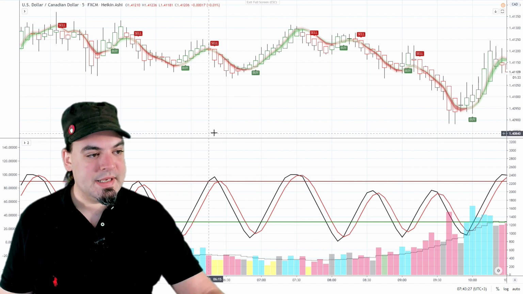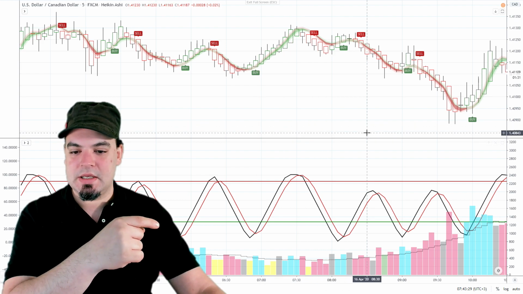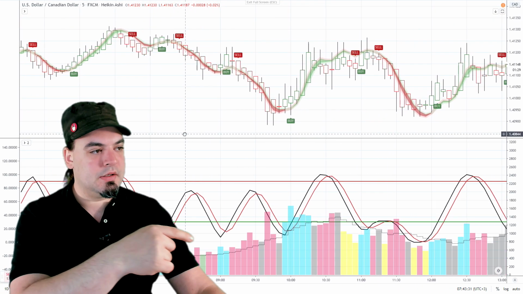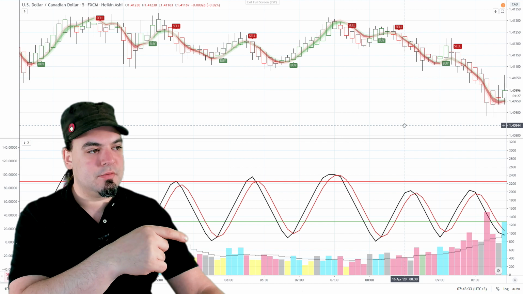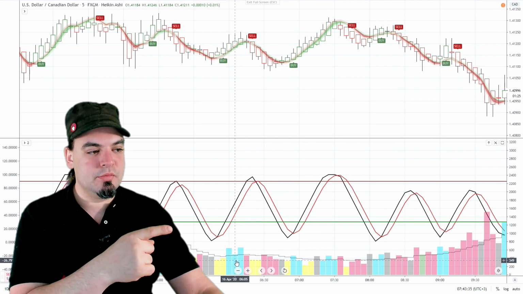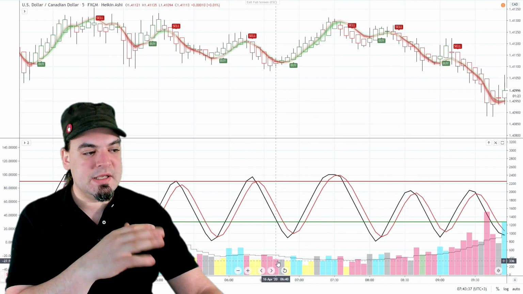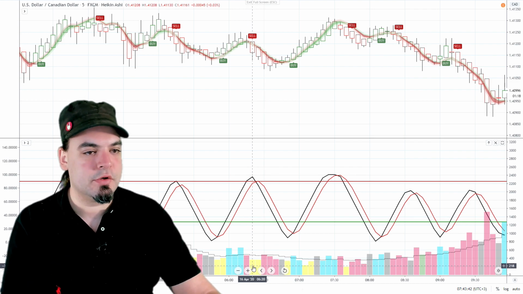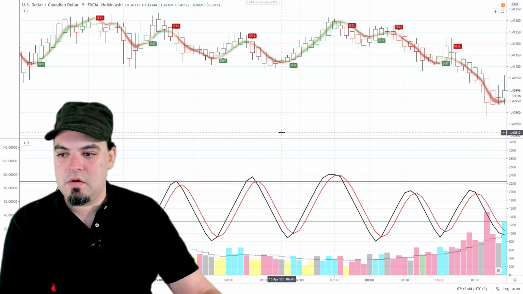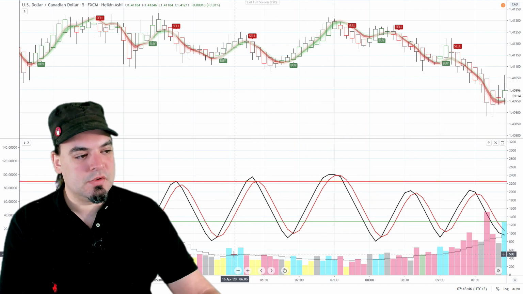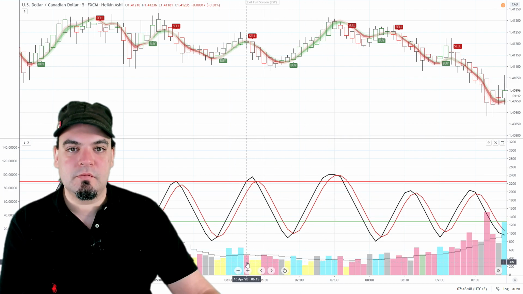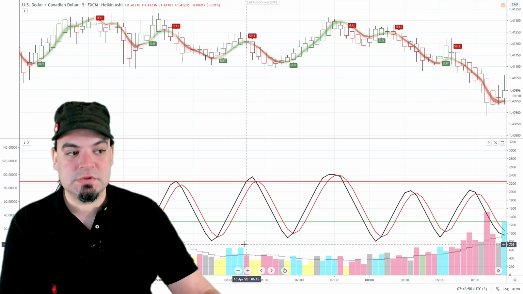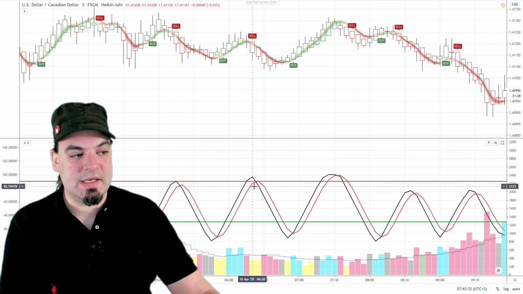Now, in our case, you can see that here red means sell, blue means buy, gray means, well, we don't know, and yellow means there is low volume, okay? So we are going to only focus on the blue and the red volume bars in the context of the cycle indicator.